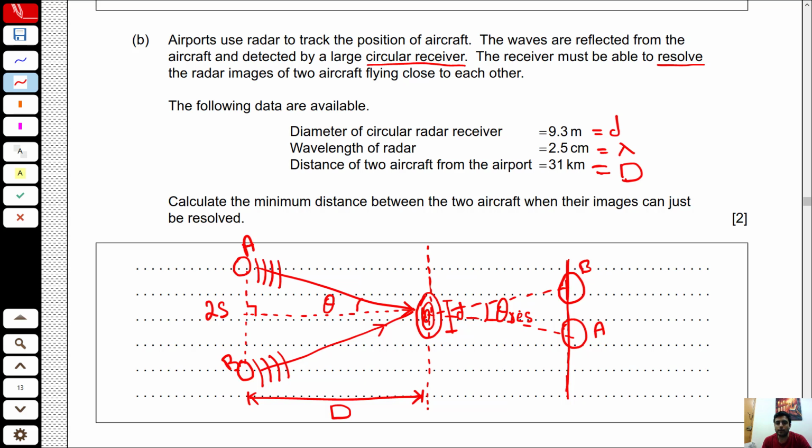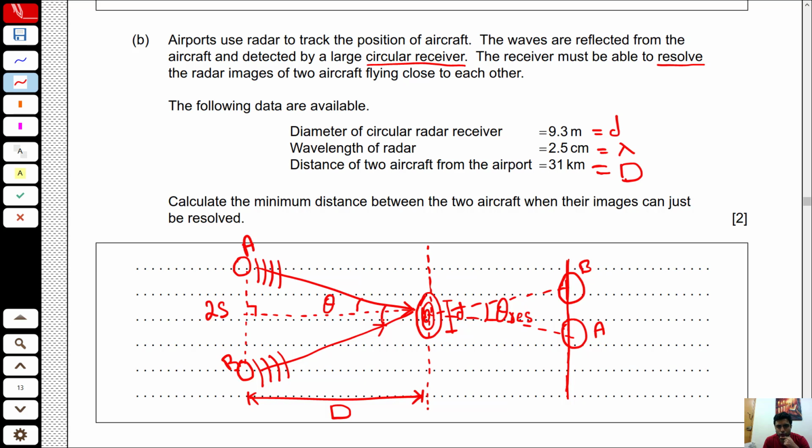The angle of resolution is actually a property of the camera or the aperture itself, so it stays constant. It depends on the properties of the camera itself. Okay? So this angle, this theta, is the total angle we are interested in.